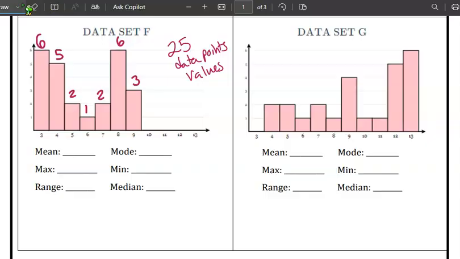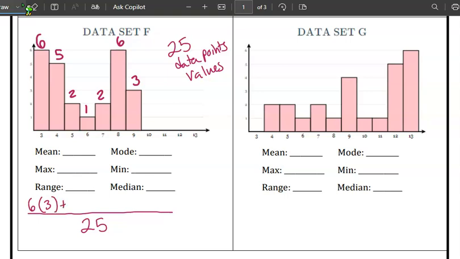To calculate the mean, we'll find the sum of all the numbers and then divide it by that 25. Instead of writing out all the numbers, we could just have the frequency times each of those unique numbers.